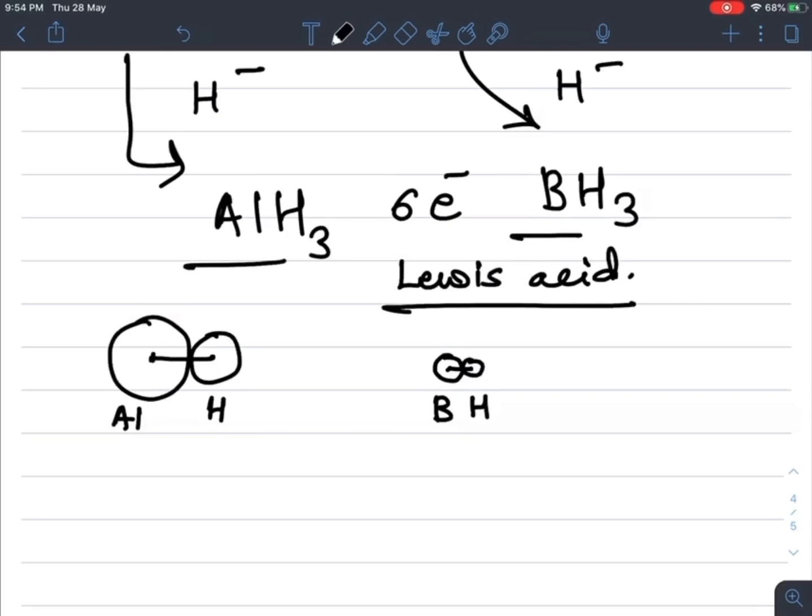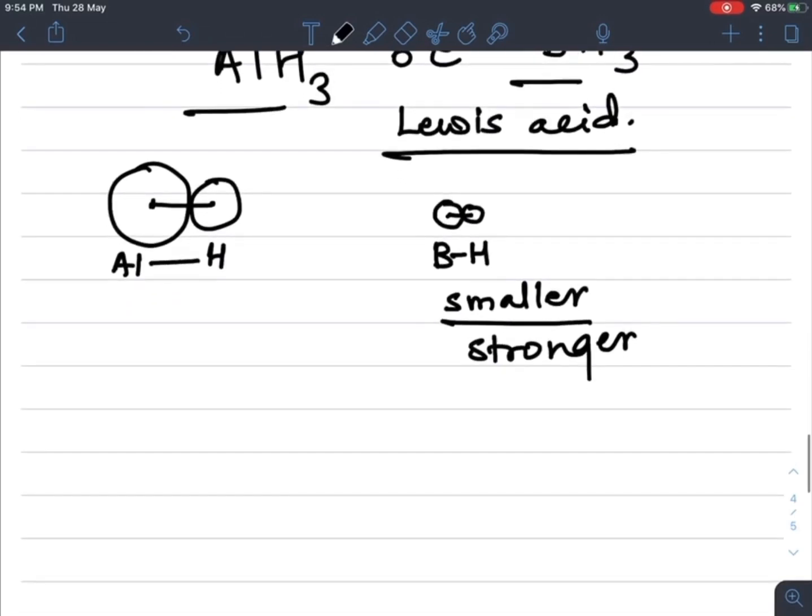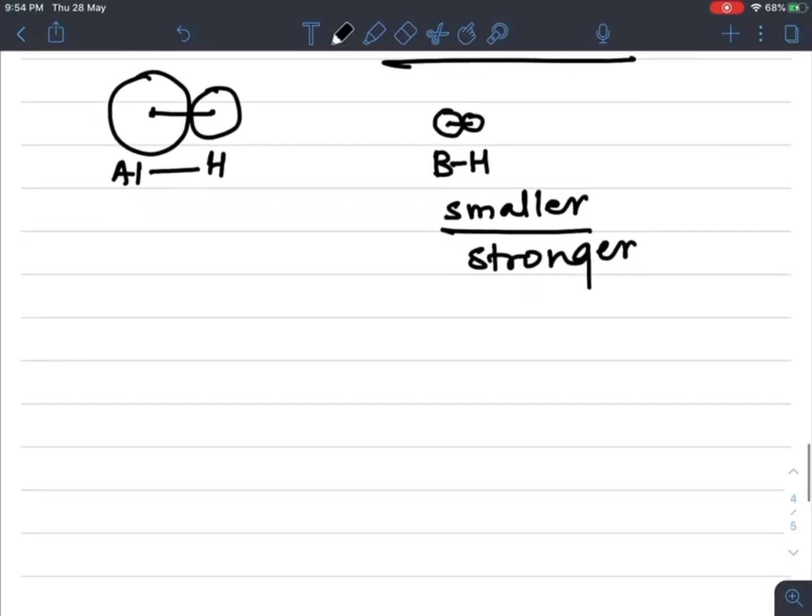The bond length of AlH is larger and the bond length of BH is smaller. The smaller the bond length, the stronger the bond. The stronger the bond, the more energy it requires to break it.